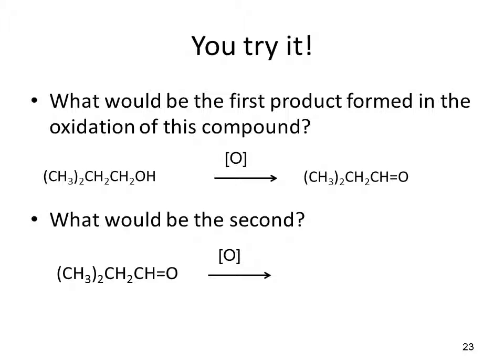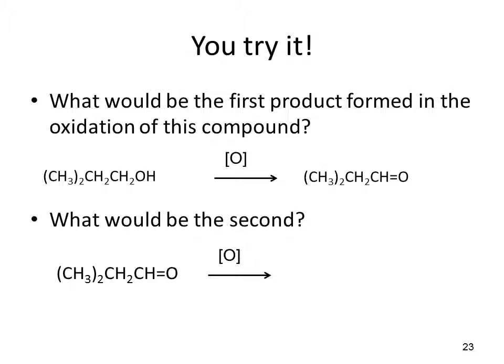This is a primary alcohol, and primary alcohols actually have 2 steps of oxidation. In the first one, you take the hydrogen that is on the oxygen off and the hydrogen that is on the carbon attached to the oxygen off and form a double bond between that carbon and oxygen. So you can see that an aldehyde is formed as the product of this reaction.